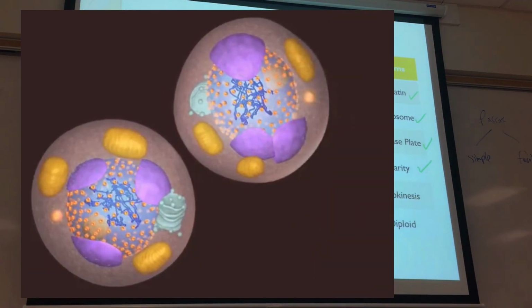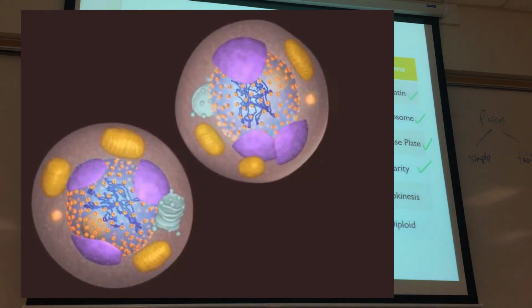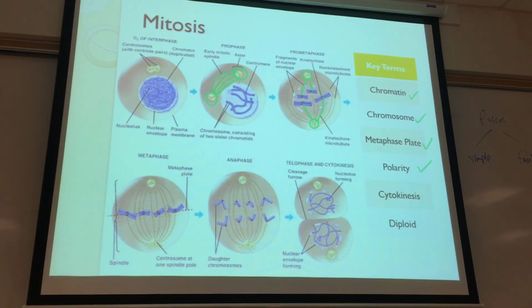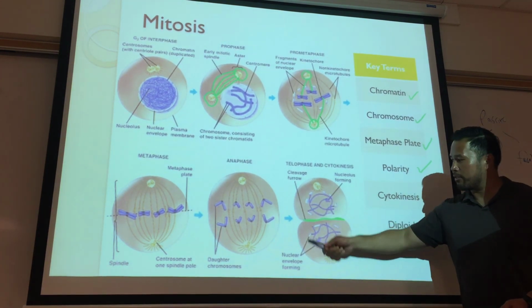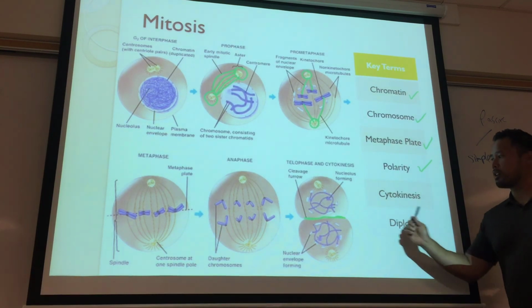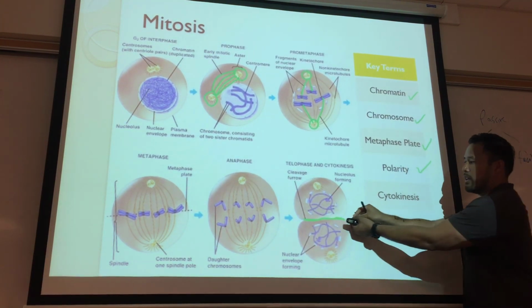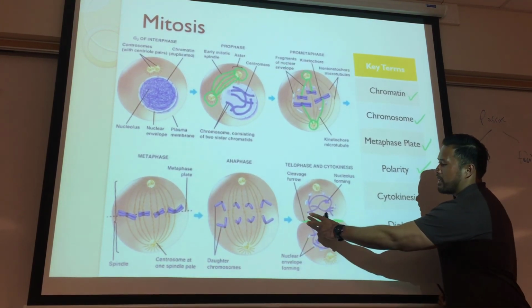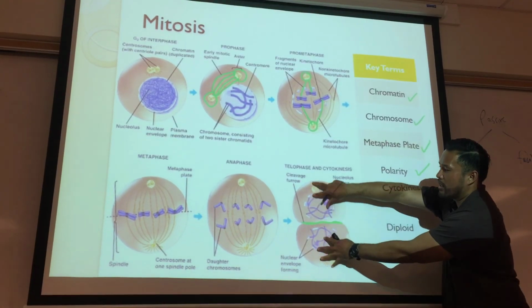You have what's called the cleavage furrow, and there are microfilaments involved in cleaving the north pole from the south pole. The way it works, it's like a drawstring that wraps around, comes in, and draws tight, and eventually squeezes to the point that they separate.